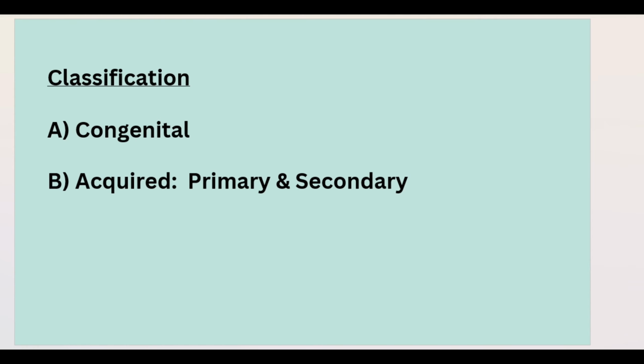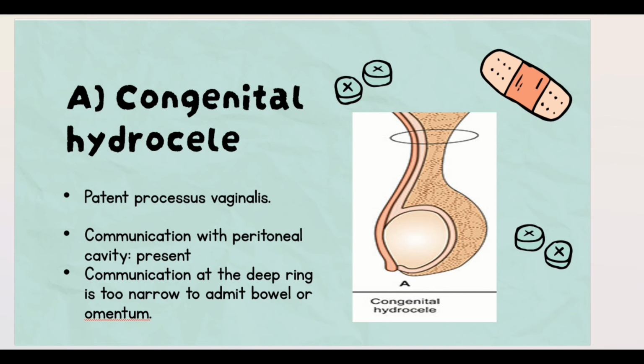So how do you classify? Classification of hydrocele. It can be congenital or acquired variety. The acquired type of hydrocele can be subdivided into primary and secondary. What is congenital hydrocele? See, in congenital hydrocele, the processus vaginalis remains patent.